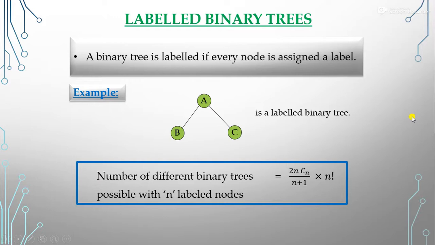The number of different binary trees possible with n labeled nodes is 2n Cn upon n plus 1, multiplied by factorial n.